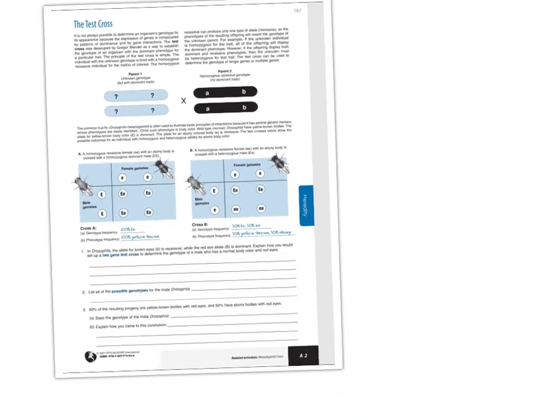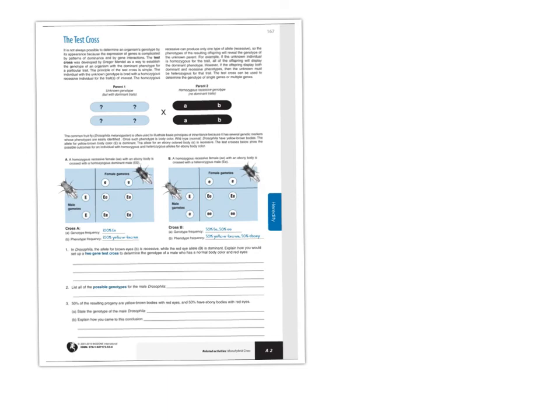Okay, so let's think about this. You have a test cross. Let's just go ahead and use dwarfism again. Here's dwarf, and the person's dwarf with black hair.